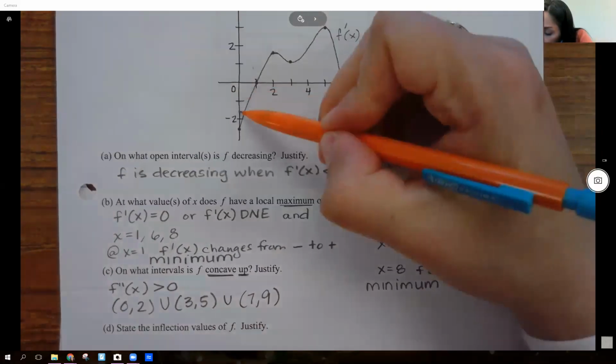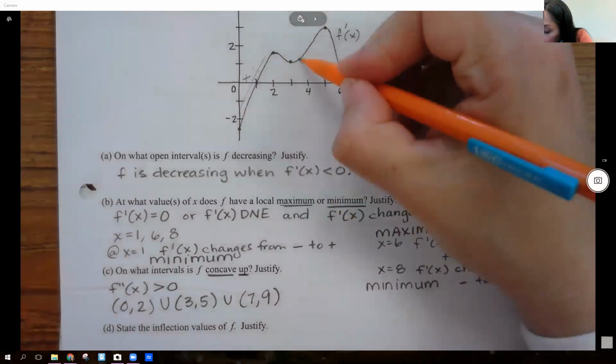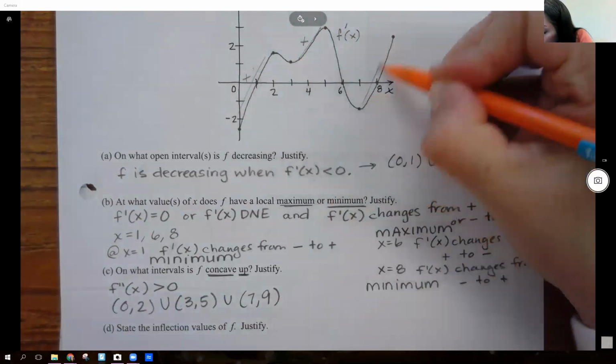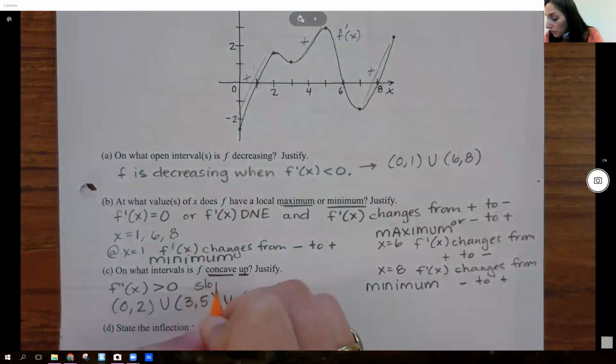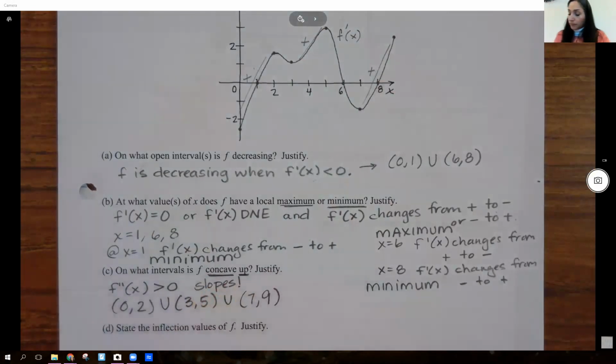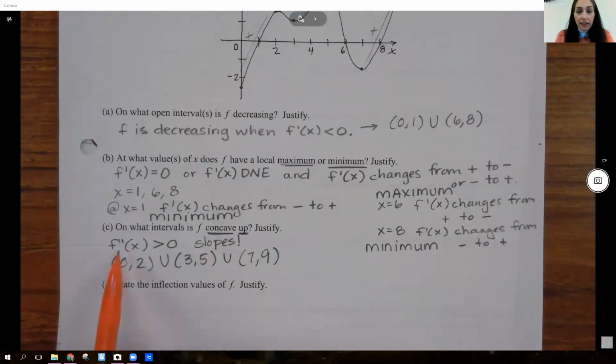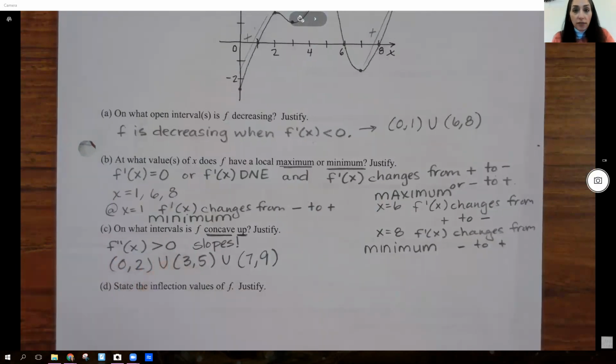So you have a positive slope here, positive slope here, and a positive slope here. So you are concave up. All right. So you want to think of the slopes. By saying that the second derivative is greater than 0 is justification for the concave up answer.